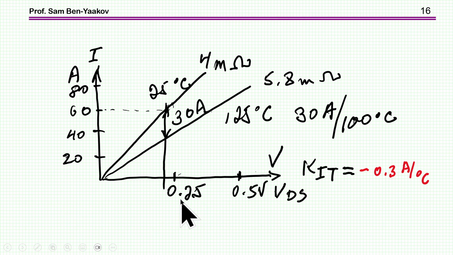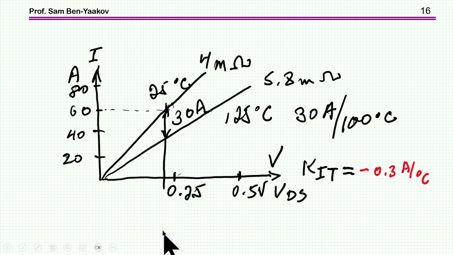Now this picture is very similar to what we have with the IGBT. The current is a function of VCE, exactly the same. There we had this crossing. Here we don't see the crossing because I'm assuming here a linear resistor, 4 milliohm at 25 and 5.8 milliohm at 125.